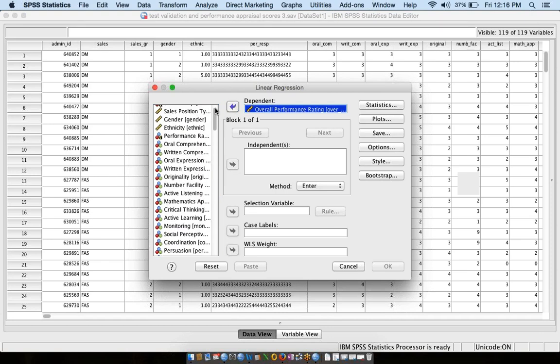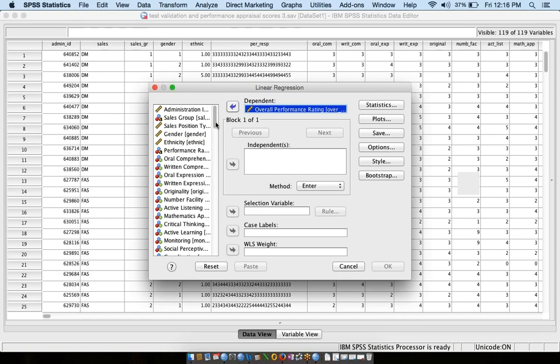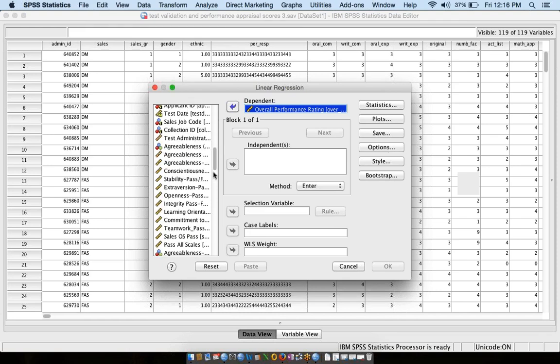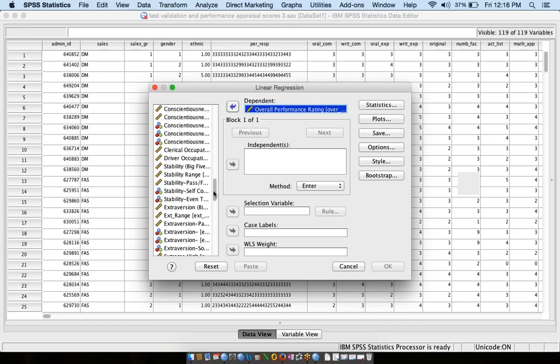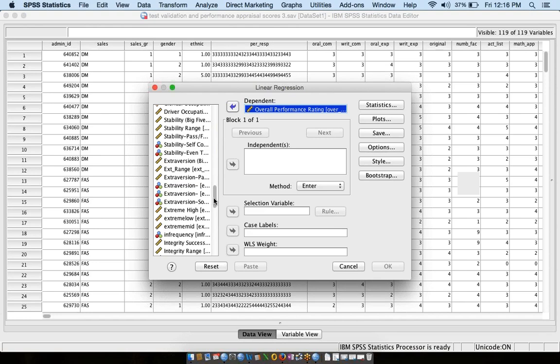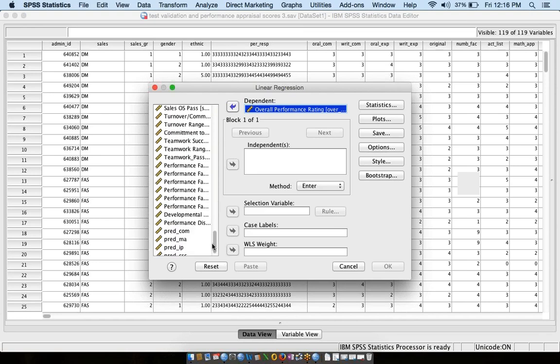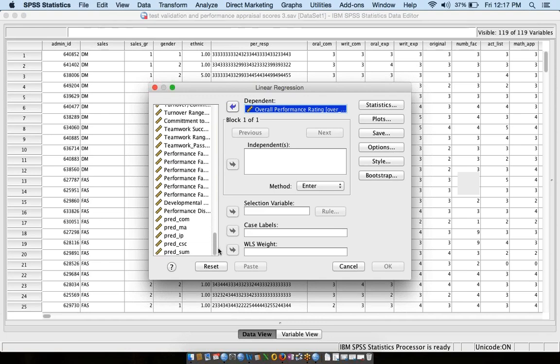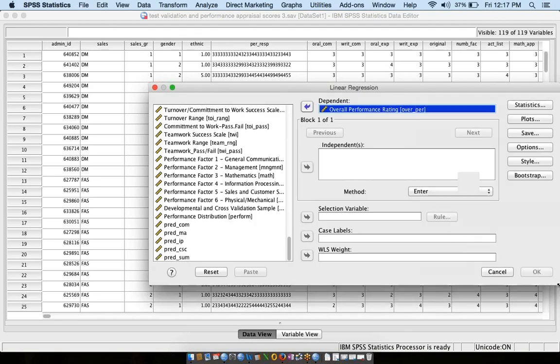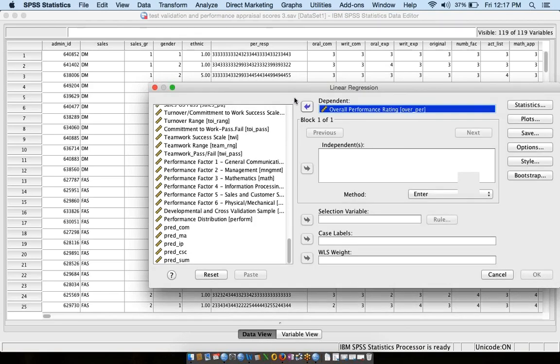And then my first two, I'm not sure where these are. I'm going to open up my window so I can see.